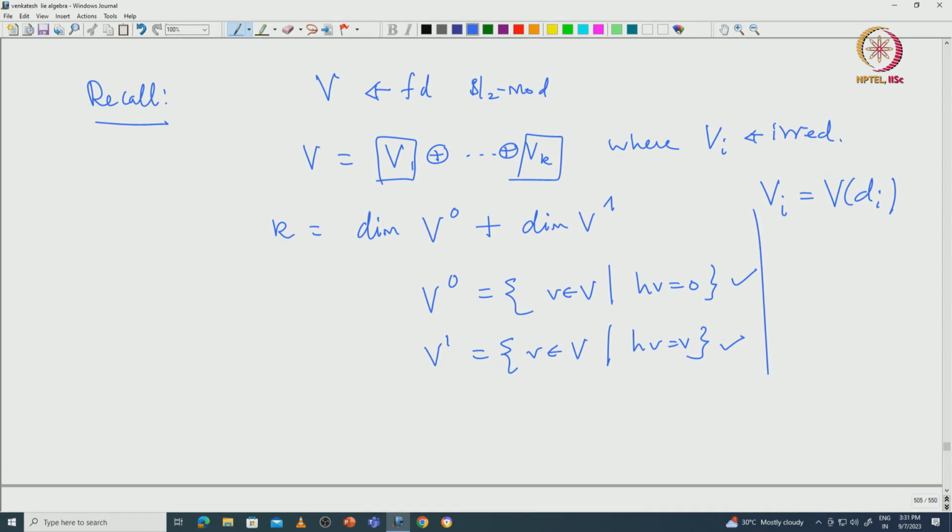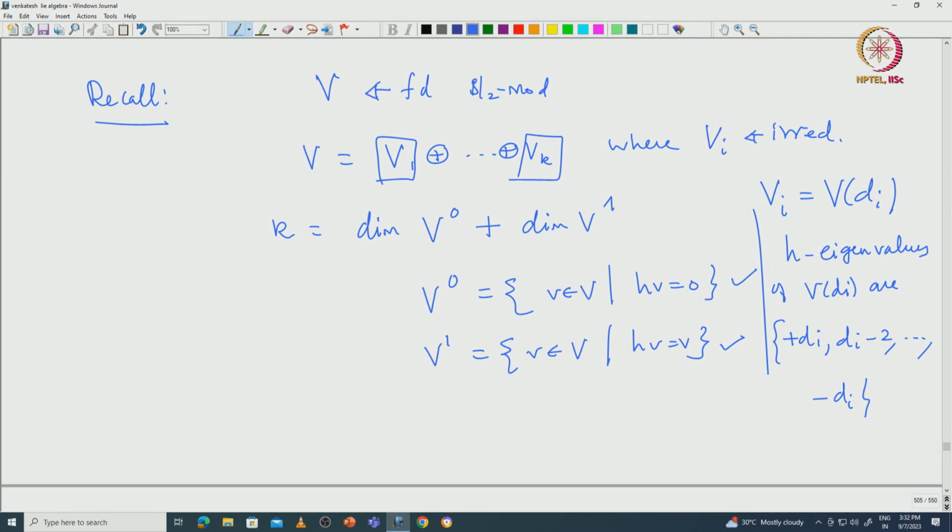The H weights are the eigenvalues on this V of di. So, they are all di, di minus 2, etc., down to minus di. So, these differ by 2, starting with di and ending with minus di.